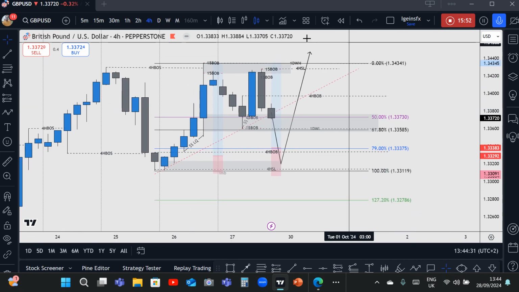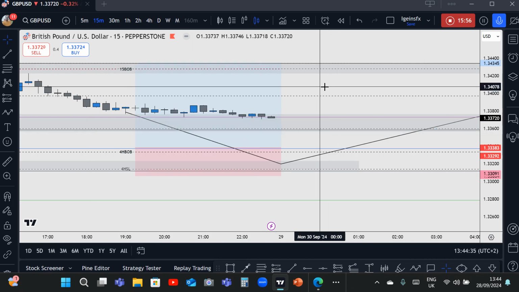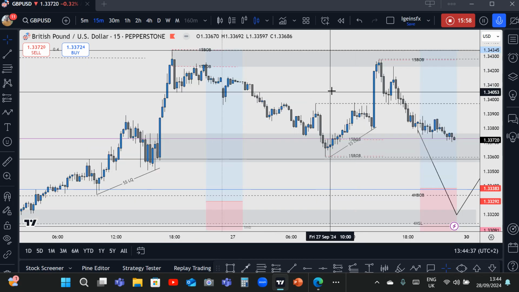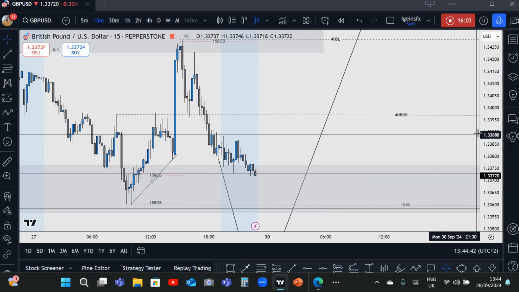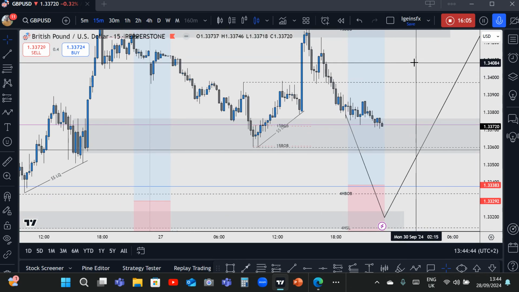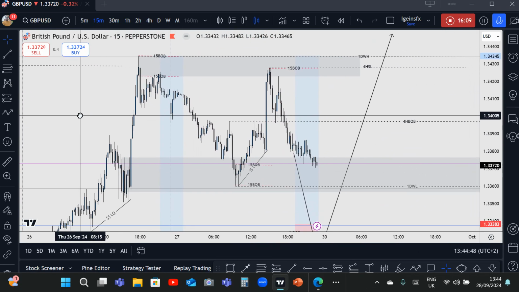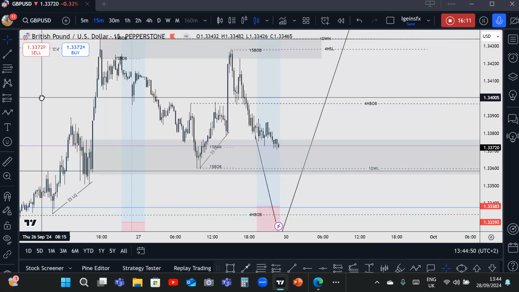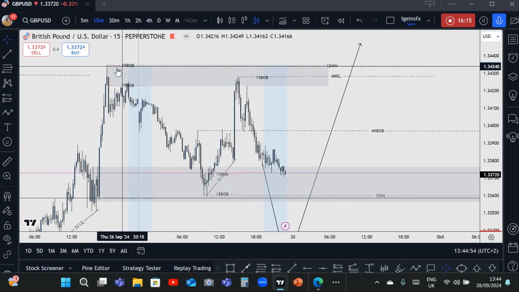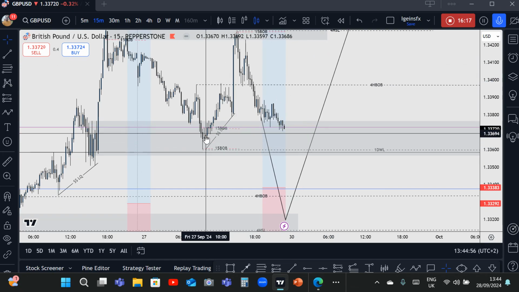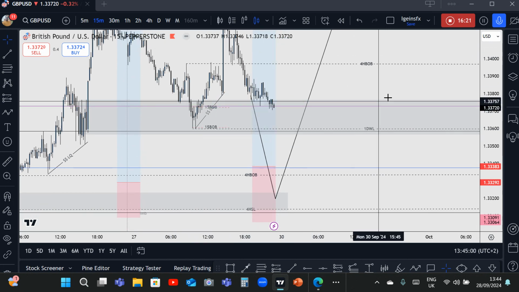And if you scale down to 15 minutes, the time frame where we normally take our execution, and look at it very critically, you will discover that this very point here is exactly where price has gotten to.